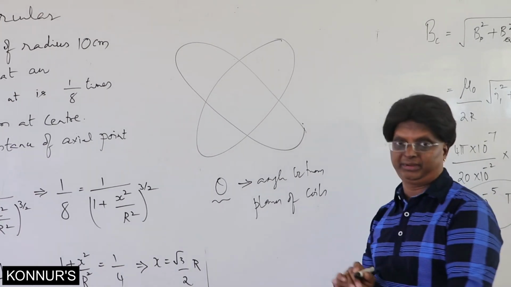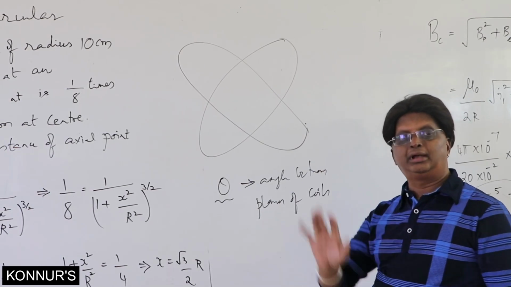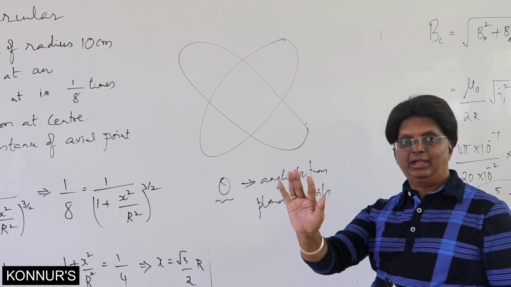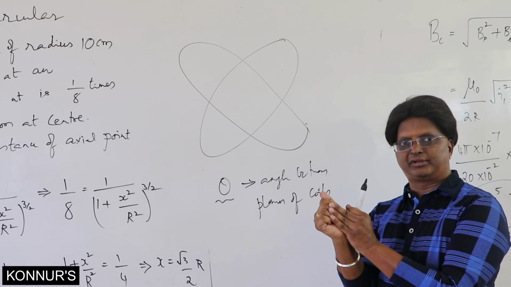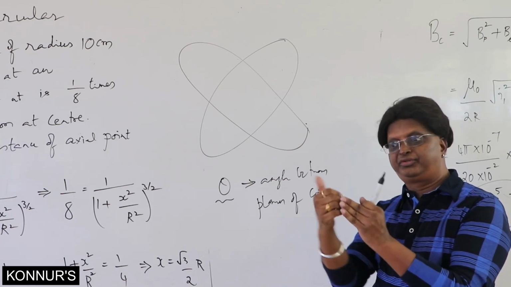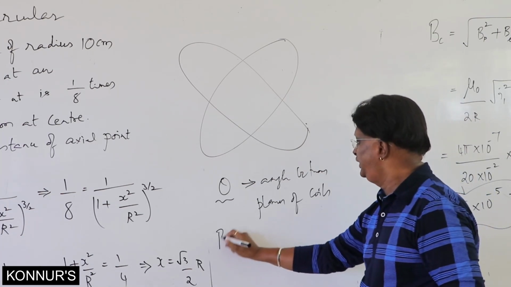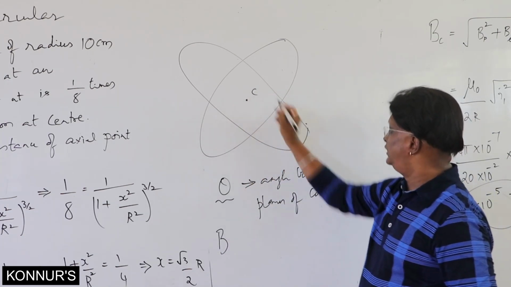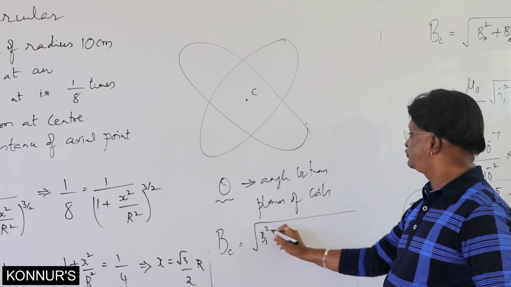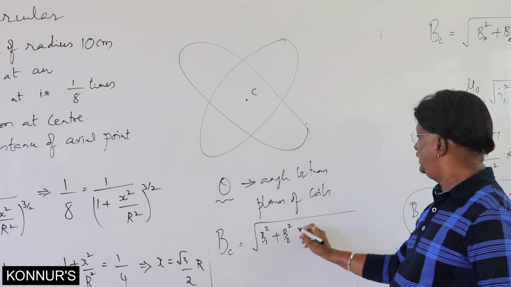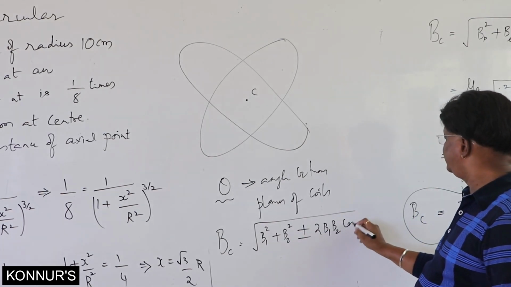Now in this case what happens? Again the rule goes, we have to write B1 bar and B2 bar along with the right hand rule. When we are using the right hand rule, the order of the current is a key point. Now if you use that order, I am giving the result: B at this common center is root of B1 squared plus B2 squared plus or minus 2B1 B2 cos theta.